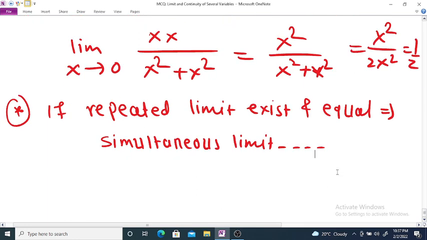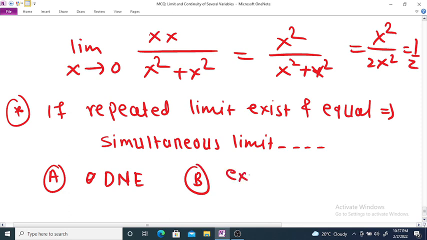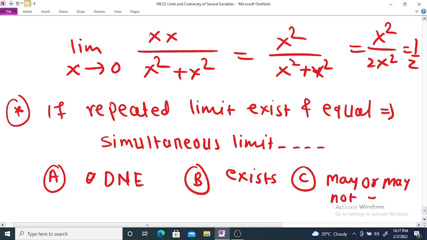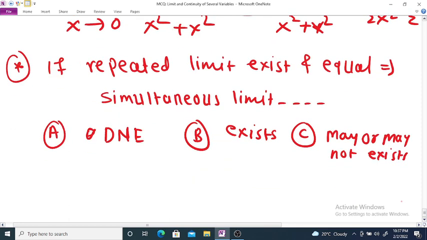The options are given: A, does not exist. B, exist. C, may or may not exist. And D, none of these.